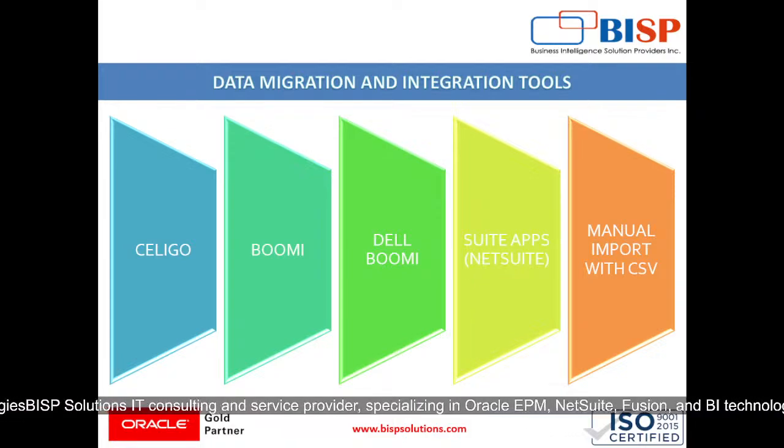Then SuiteApps in the NetSuite Marketplace are for pre-built migration tools. The tool which we will be using in our project is manual importing with CSV, which means exporting QuickBooks data to CSV files and importing them into NetSuite using the CSV import assistant only.